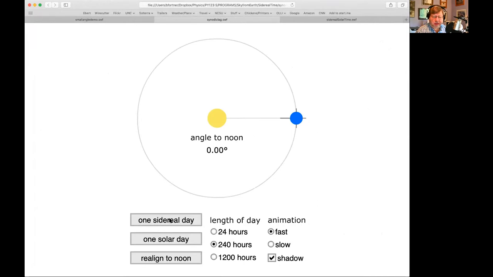So here we go. One sidereal day, see, it's star to star. Let's realign to noon. One solar day is sun to sun. Okay. One sidereal day, star to star. One solar day, sun to sun.